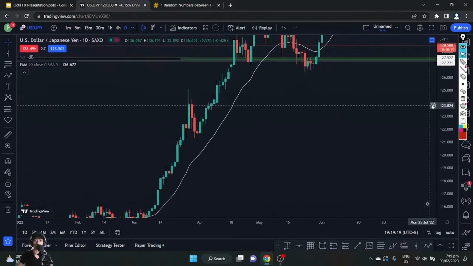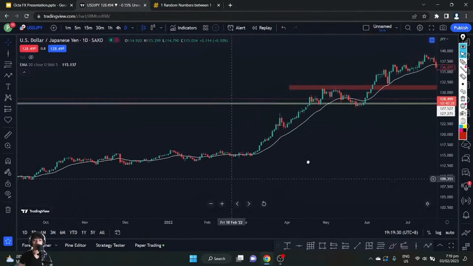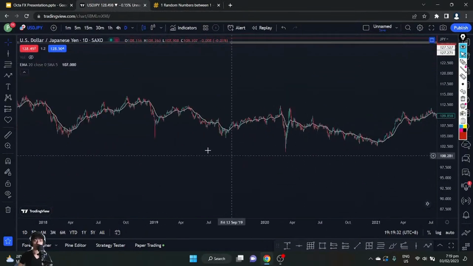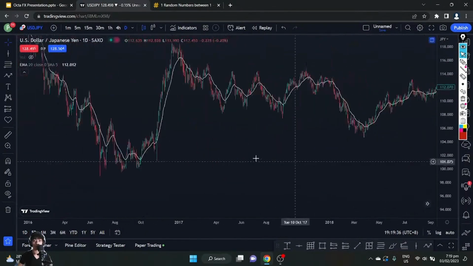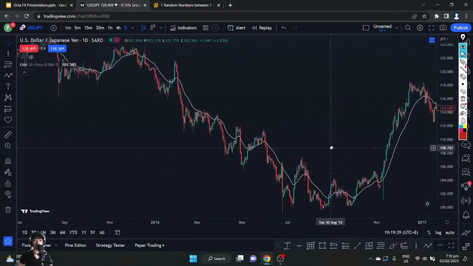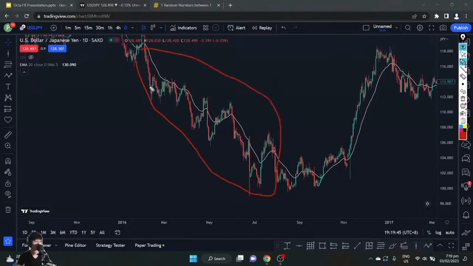So there. As we can see, every time that the price is above the white line or the moving average, that means we are on an uptrend. Okay? And every time that the market is below, let's try to look at a good example. So here, every time that the market is below the moving average or the white line right here, this is what we call a downtrend.